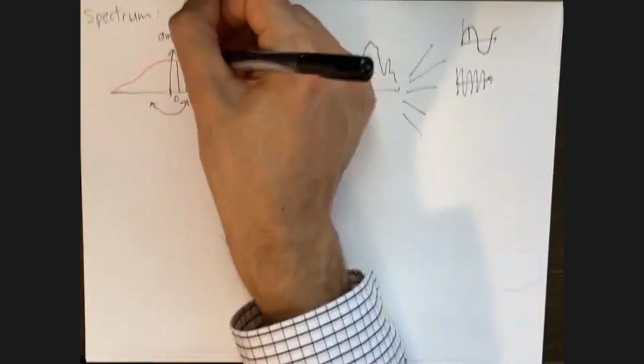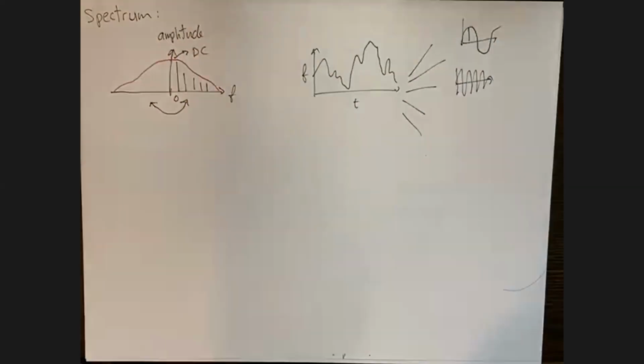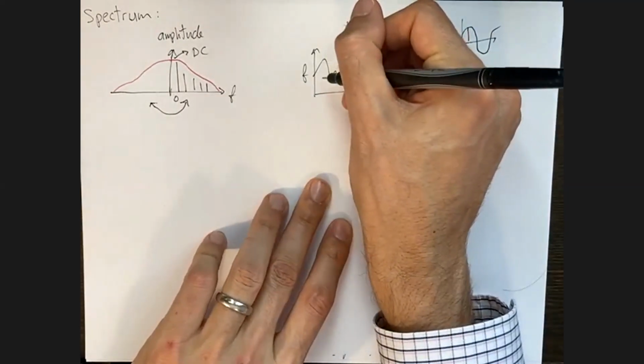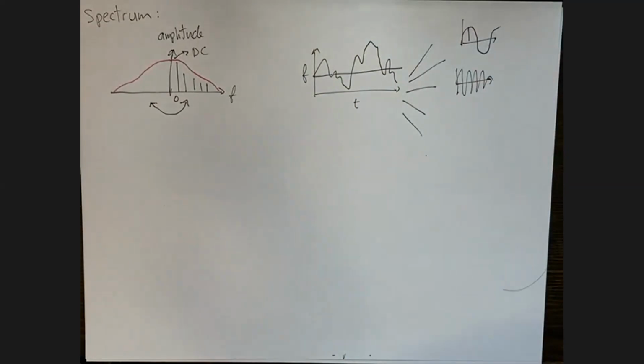We sometimes call the 0 frequency the DC term. It's a name you may see: the DC term is the 0 frequency. And the DC term corresponds to the average of the signal, so it's the overall offset. If you were to average the signal completely, what's the offset?